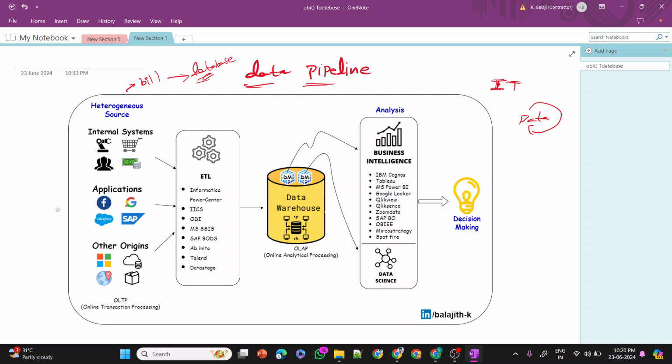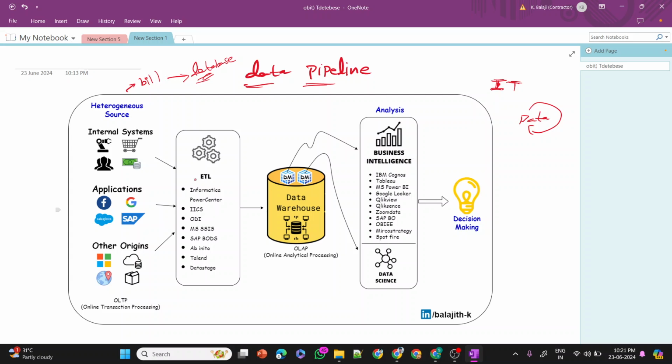Some customers buy products using phone applications, like Amazon. So we get the data from a real-time billing system, an app store, or databases.